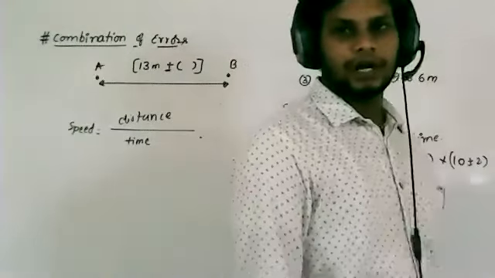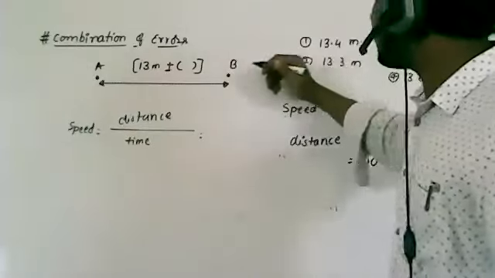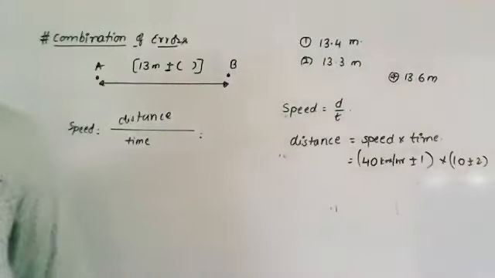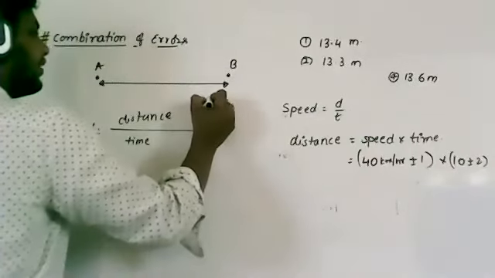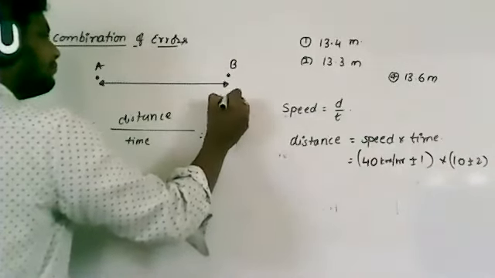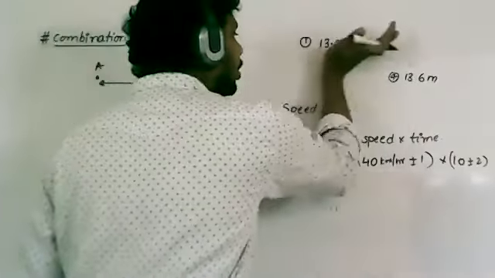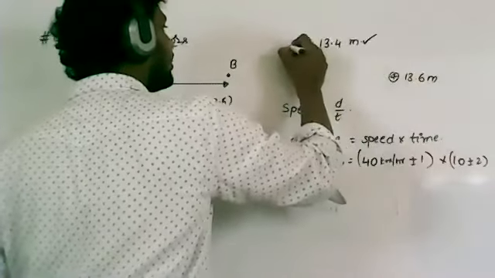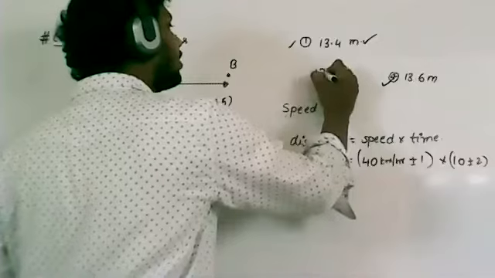Now, for example, let us say the exact reading is 13.5. This is what the first person measured and this is what the second person measured, and the exact value is 13.5.